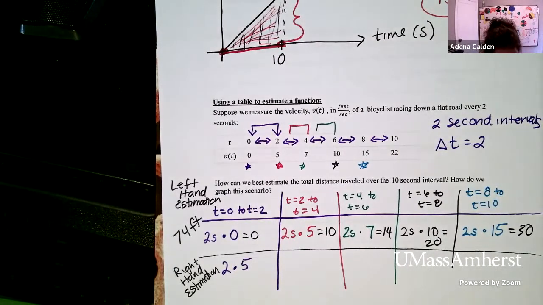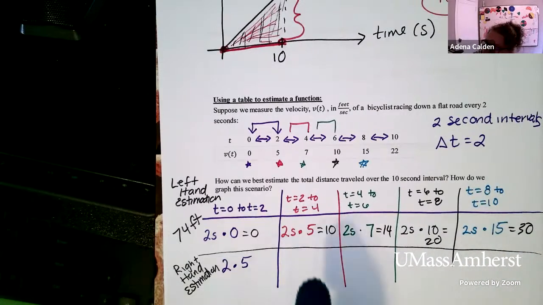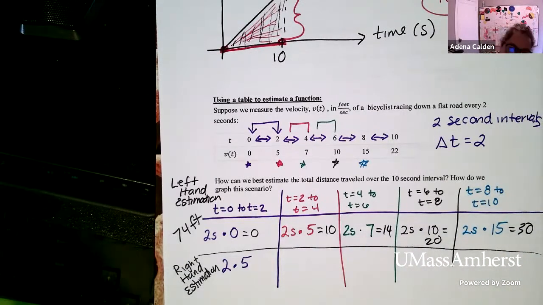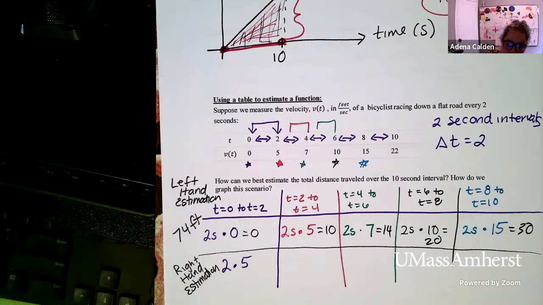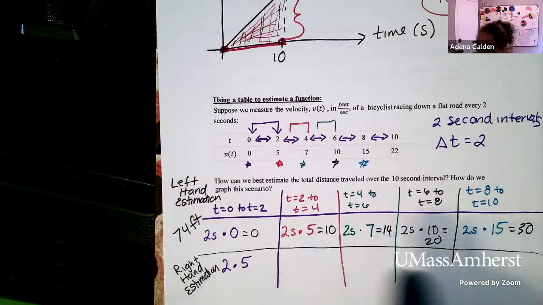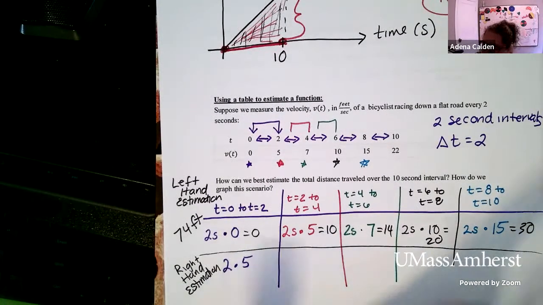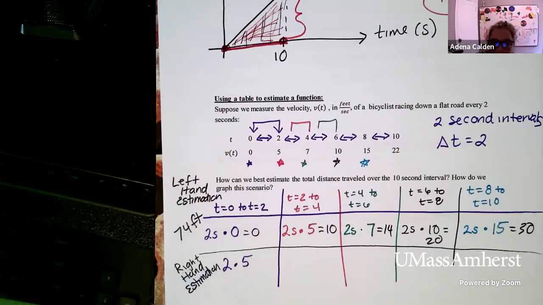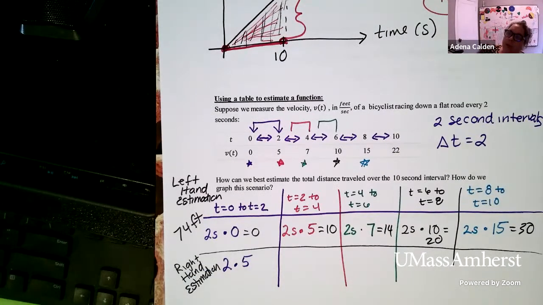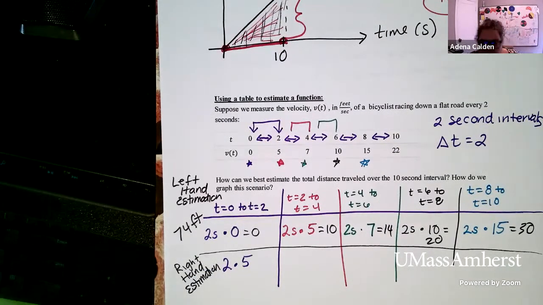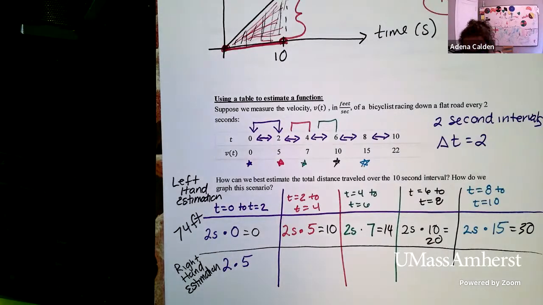Okay, so what I would like you to do is complete this chart here and figure out how far we travel if we use a right-hand estimation. So for each 2-second interval, we're going to pick the rate on the right, then we'll multiply the numbers, add them up, and we'll see what the right-hand estimation is. So I would like you to take 2 minutes, see if you can fill this out and figure out what the right-hand estimation is, and then we'll go through it together and talk about what it means, what it tells us, and what other information we have.